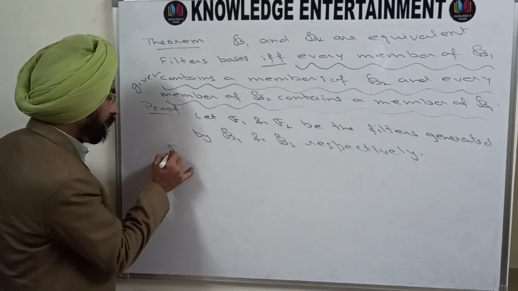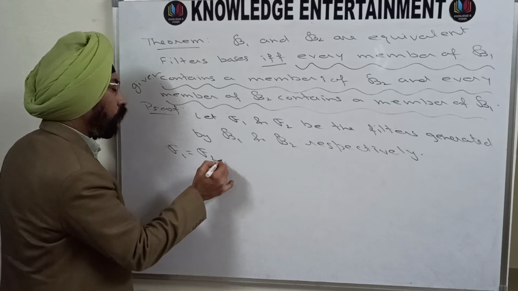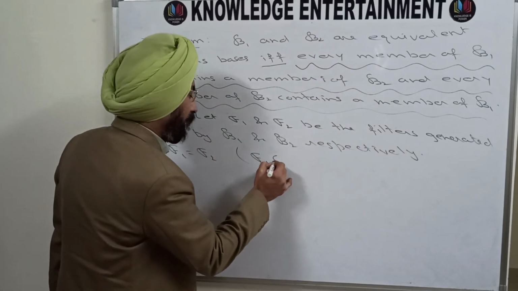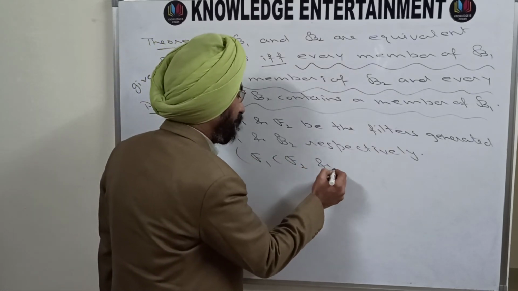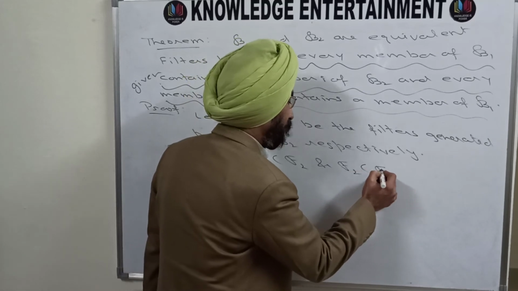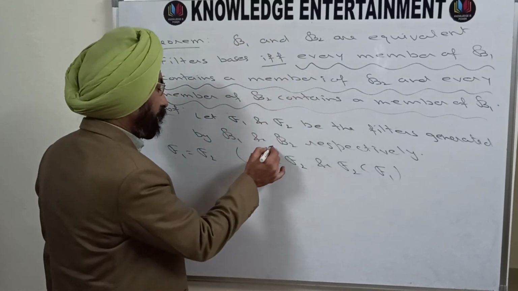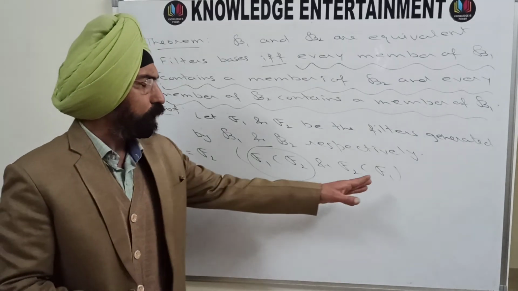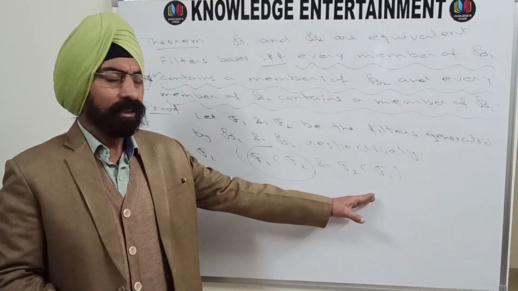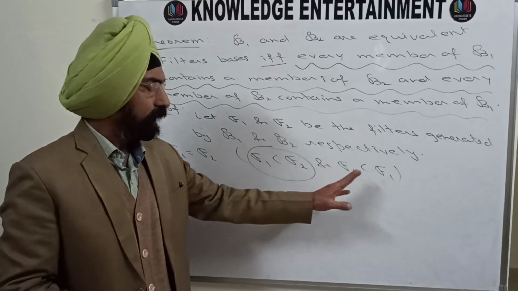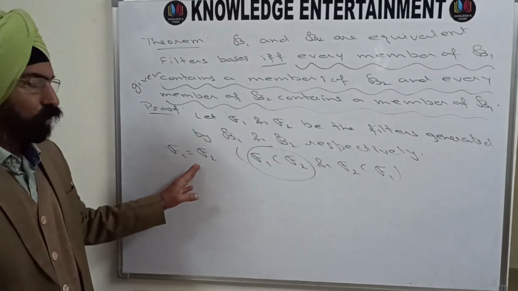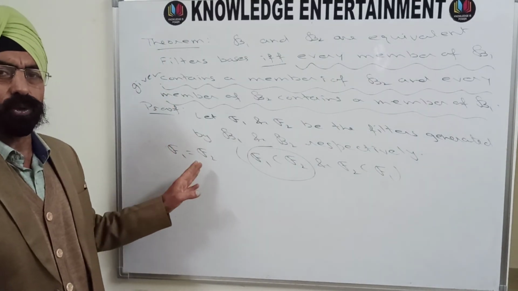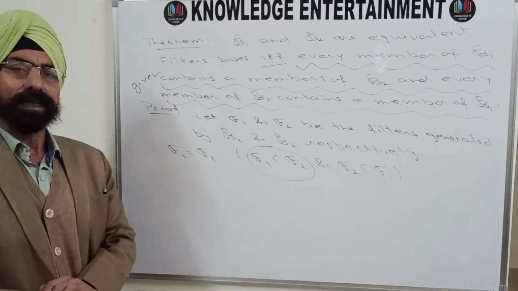What we have to show is that F1 is equal to F2, or equivalently, that F1 is a subset of F2 and F2 is a subset of F1. We will prove the part that F1 is a subset of F2. The other can be proved along the same lines. If we can prove one, we can prove the second, and once F1 is equal to F2, B1 and B2 will become equivalent bases.